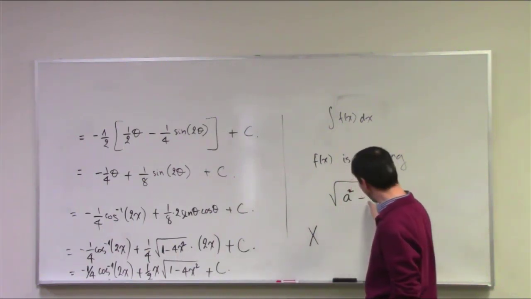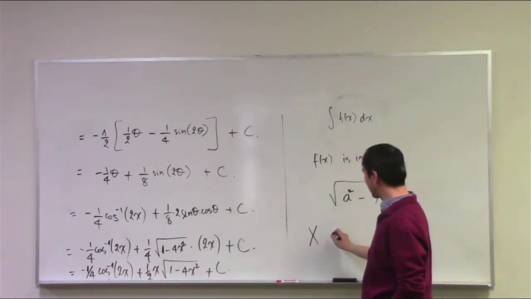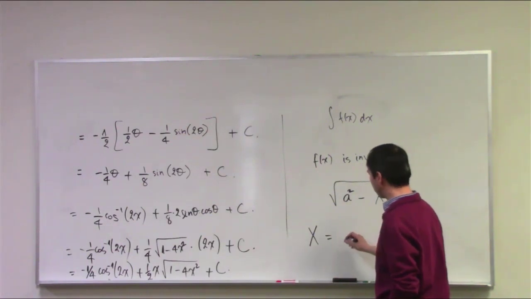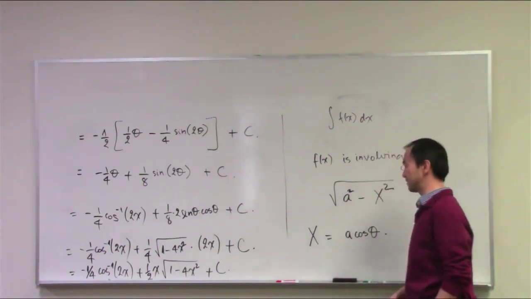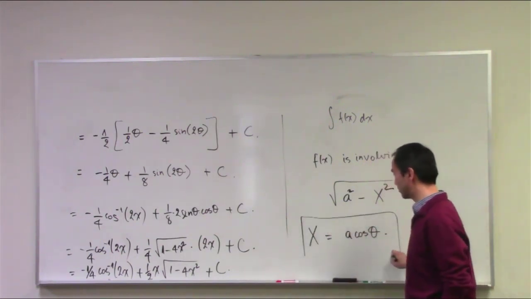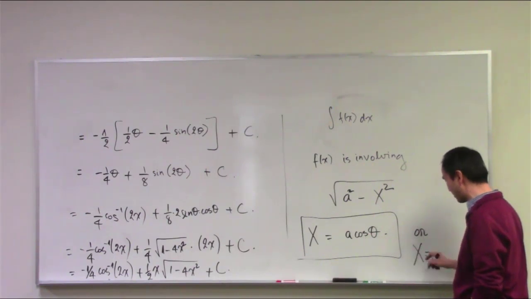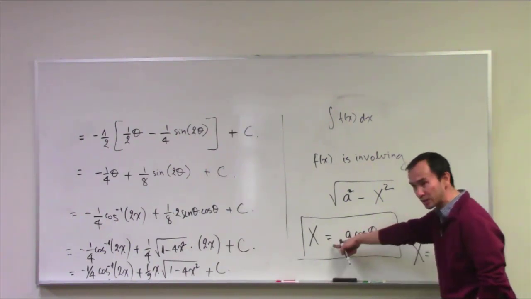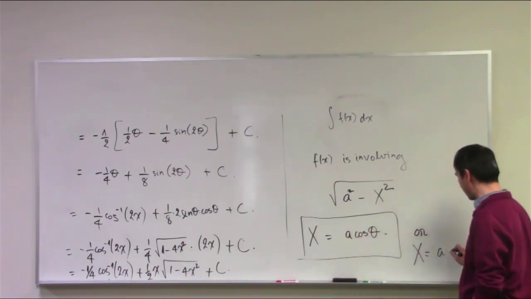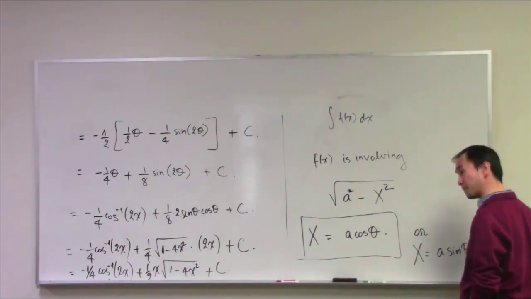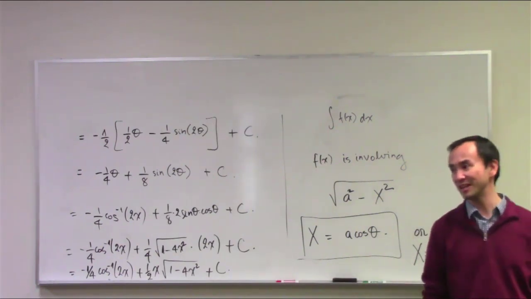The expression that you recognize as a square, you can always substitute as a times cosine theta. That's the guideline you can use. And it's also the same result if you let that capital X equal a times sine theta. It works too.